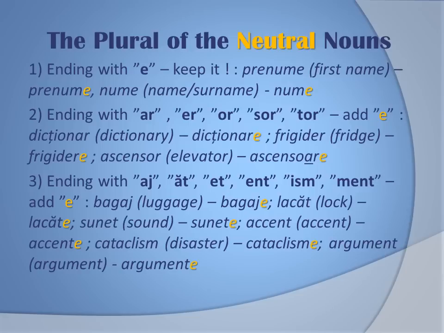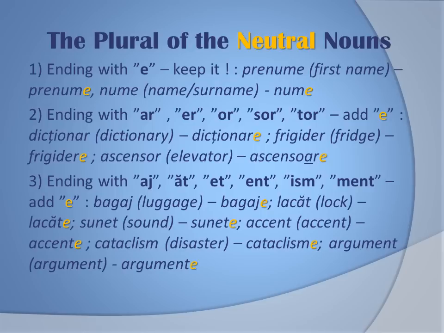How to form the plural of the neutral nouns? Well, for the neutral nouns ending with e, the only rule that you can apply to form the plural is to keep the e. So we have prenume, first name, which has prenume for its plural form, or nume, name or surname, which has nume for its plural form.